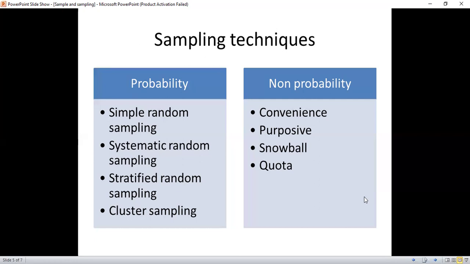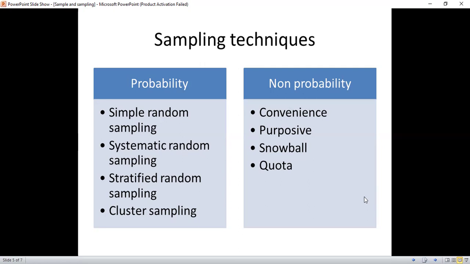Apart from the aim of whether we want normally distributed data or data which is not normally distributed, there are also other reasons why we select one or the other sampling technique. For example, one reason can be the type of population we are targeting.